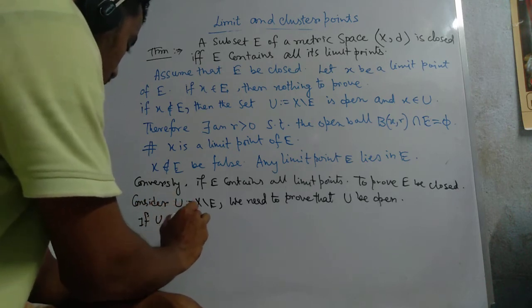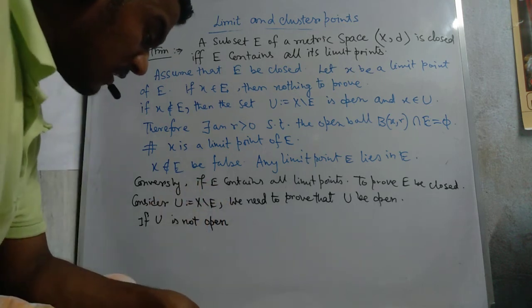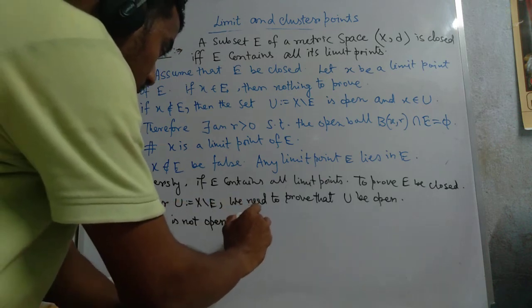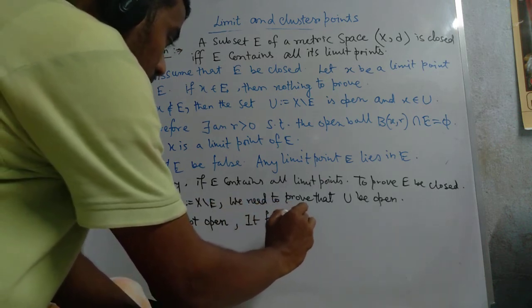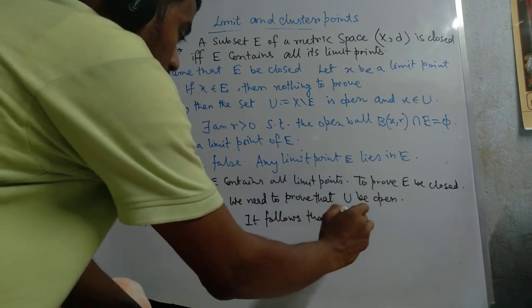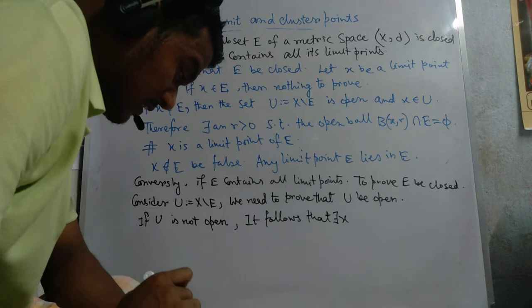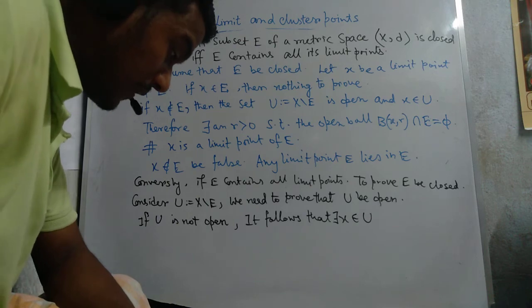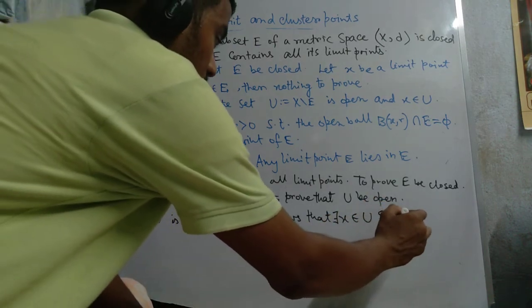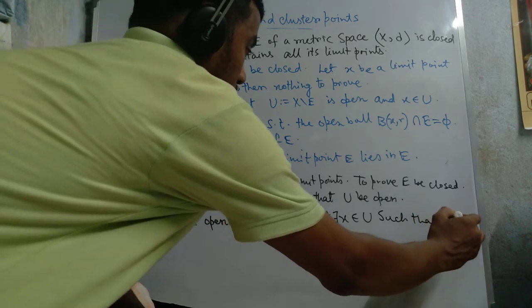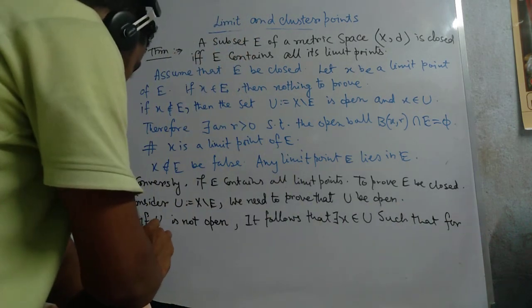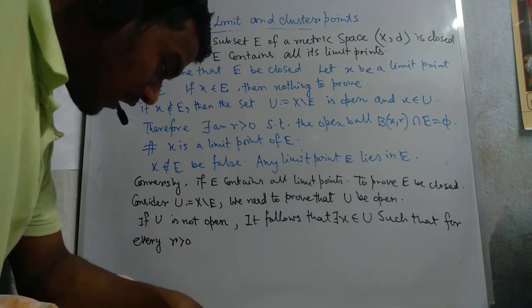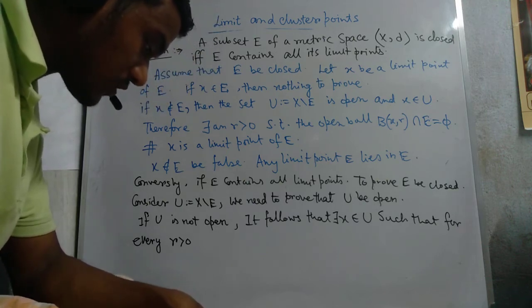If U is not open, it follows that there exists x belonging to U such that for every r greater than 0, the open ball is not contained in U.